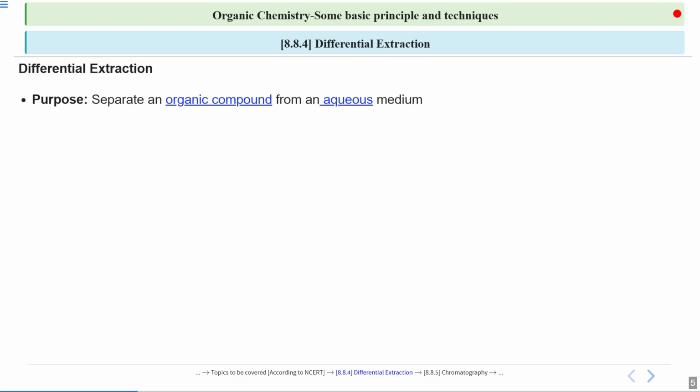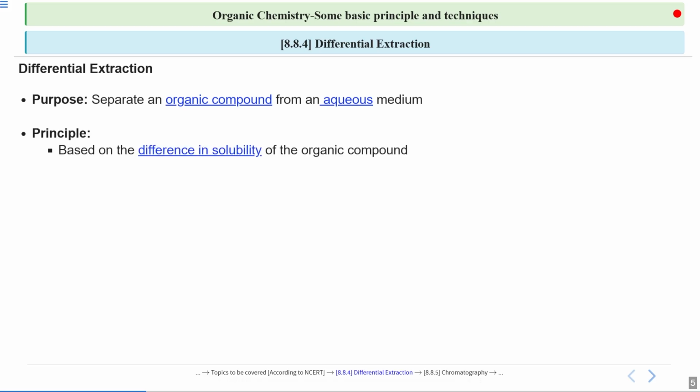The purpose of differential extraction is to separate an organic compound which is present in an aqueous medium. We have already dealt with one of the methods used to separate from the aqueous medium, remember that. This is the second one. What is the principle used here?